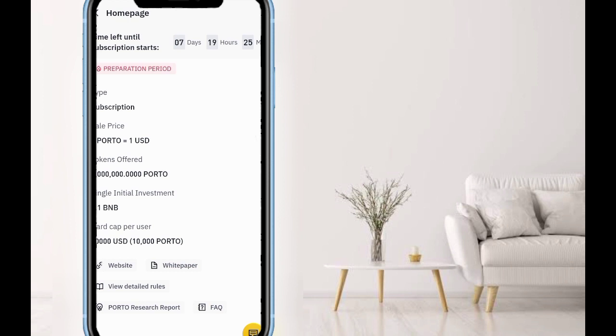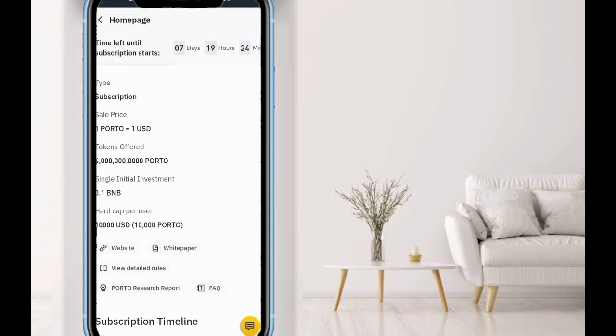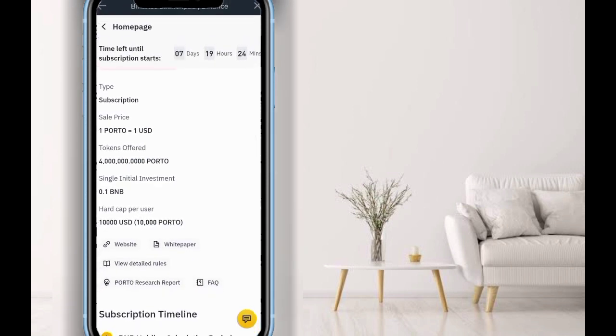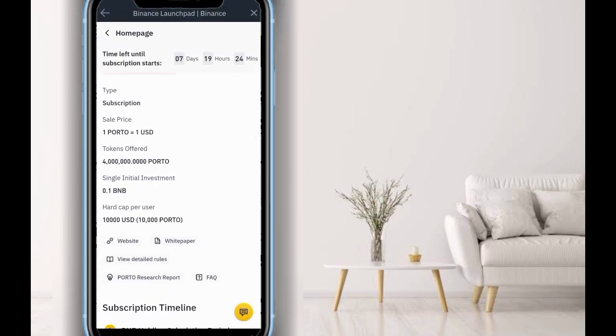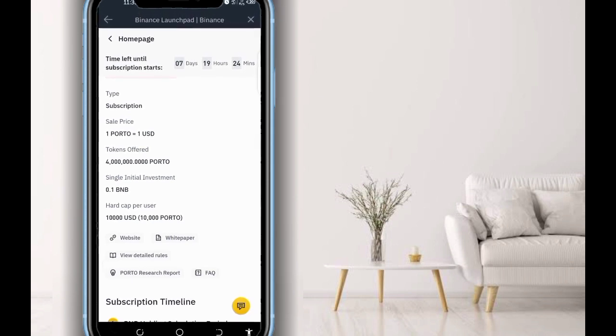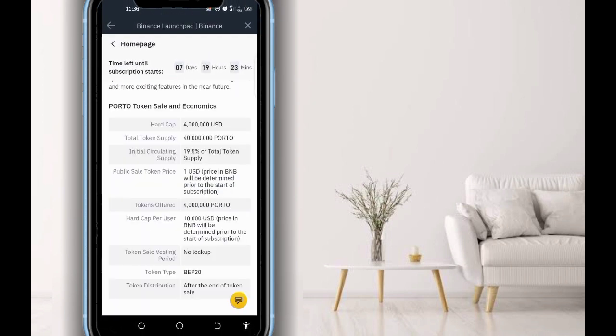Now, if you look closely, you will see the single initial investment, which is 0.1 BNB. This means that the minimum you can partake with in their IDO is 0.1 BNB, which is equivalent to about $65 as of now. What I will tell you is that you should always have a good amount of money to partake in IDOs and ICOs to make a good profit.